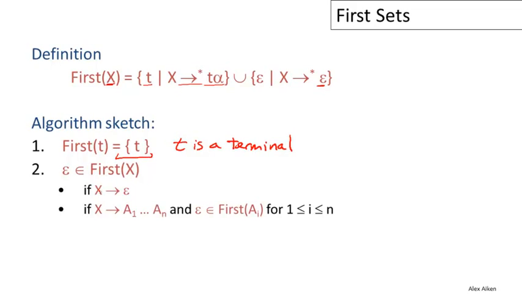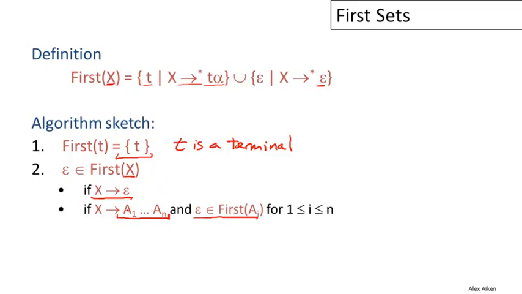Now let's consider a non-terminal x. What are the conditions when epsilon is in the first of x? If there's an epsilon production, if x goes immediately to epsilon, then obviously x can produce epsilon, and epsilon should be in the first of x. But also, if x can produce any other right-hand side where everything on the right-hand side can go to epsilon, then the whole right-hand side can go to epsilon, and so in that case also, epsilon is in the first of x.